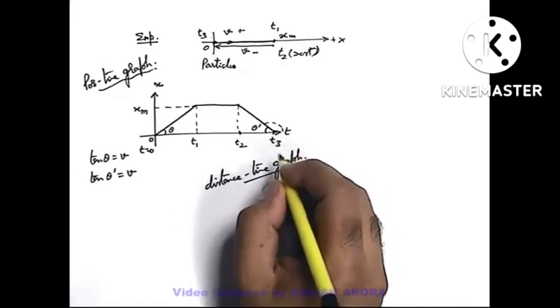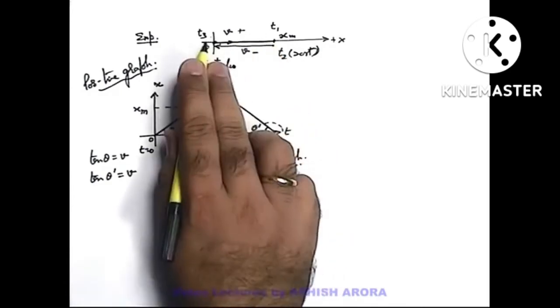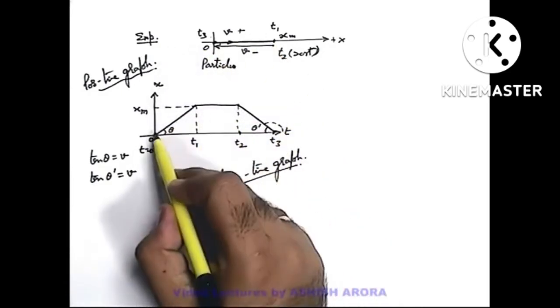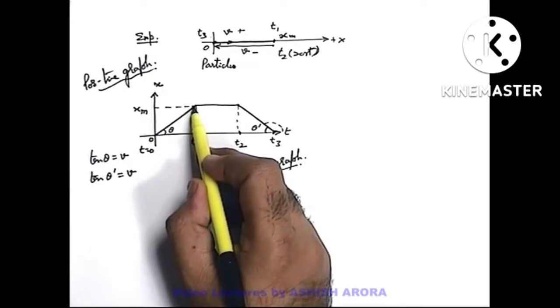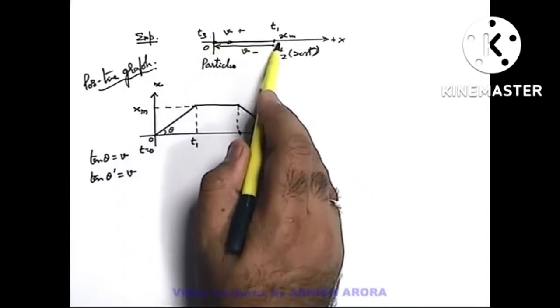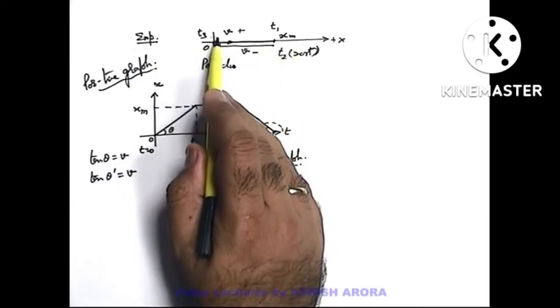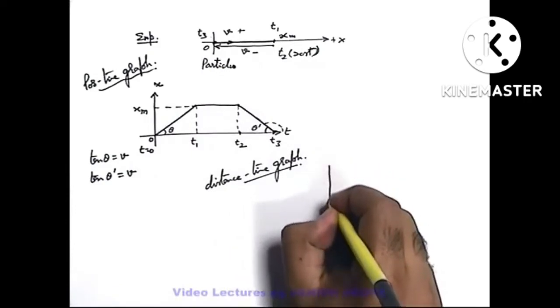let us draw the distance time graph for the same motion of the particle when it is moving, then taking rest, and then coming back. So you can simply state, if we talk about displacement, it first increases to xm and then decreases to 0. But when we talk about distance, we can state distance is continuously increasing, because from here to here the distance is xm, and when it comes back the total distance traveled by the particle will become 2xm.